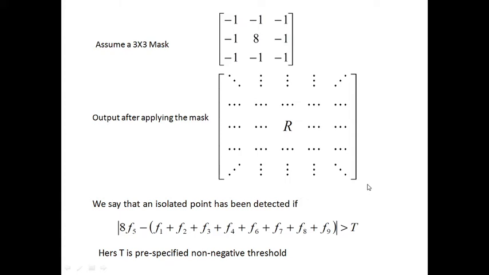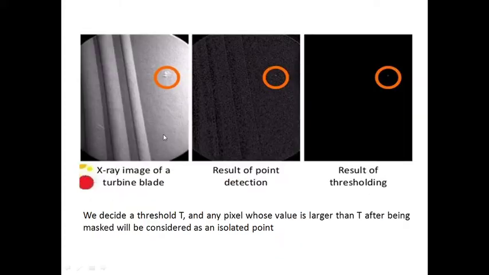You can see in this slide a turbine blade image. At this point, which is wrapped by an orange circle, I can consider that some sudden sharpness or high intensity is present in this area. That means in this region at some point I can feel a certain high intensity value.